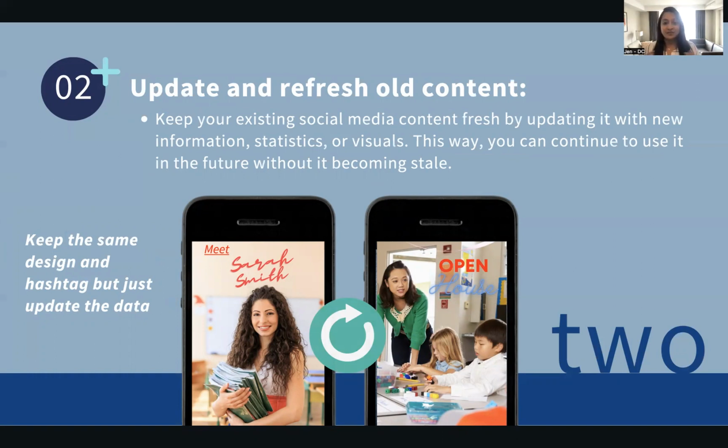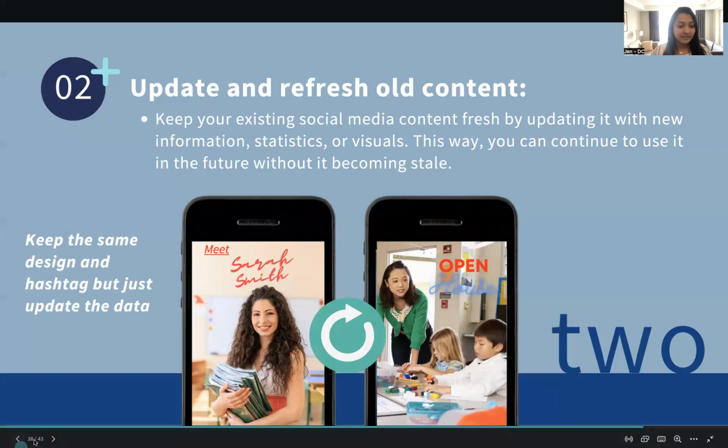But the structure and the visual look similar. The other thing is that you can update just the information, stats, or visuals. If you're putting out stats, like how did our reading level change from last year to this year, you're just updating the stats, but the picture and the structure can look the same.